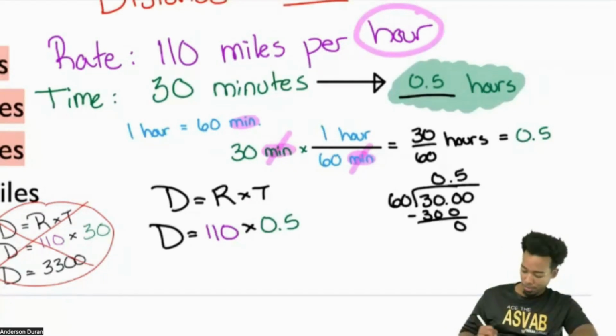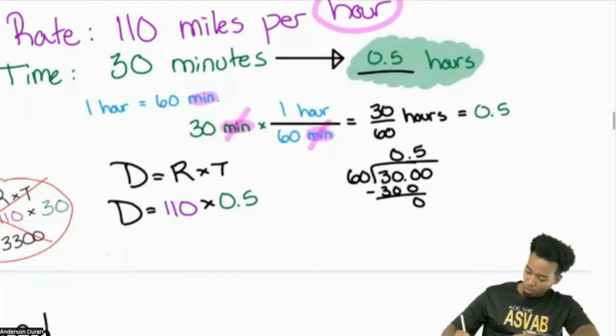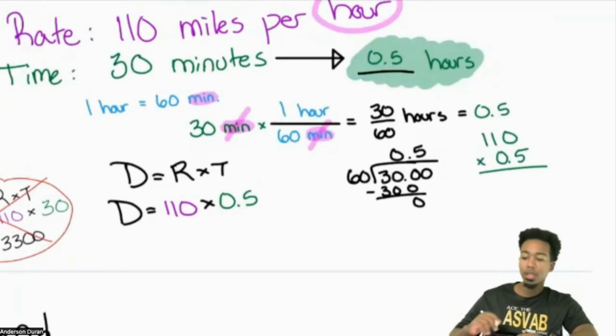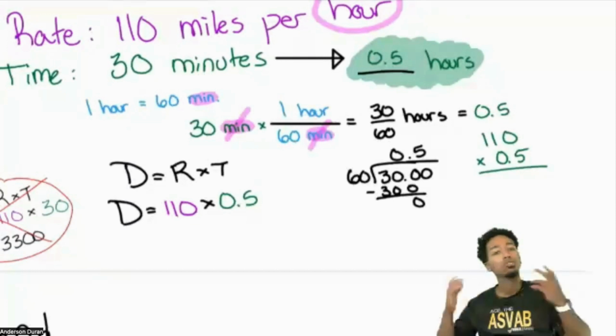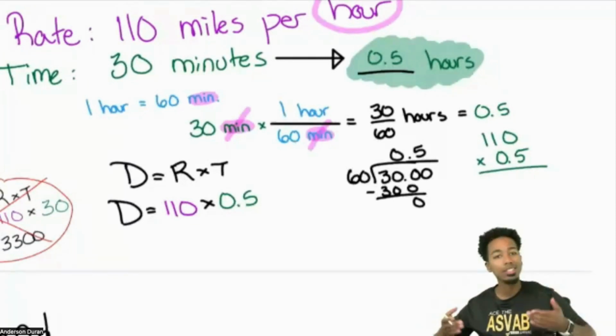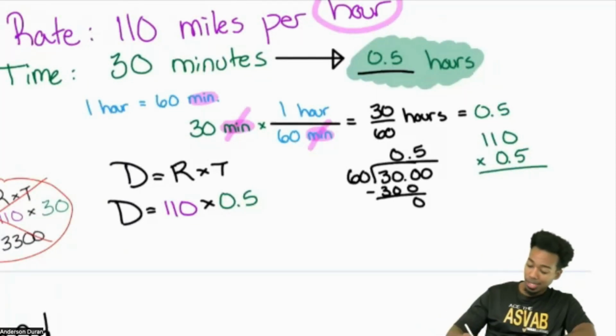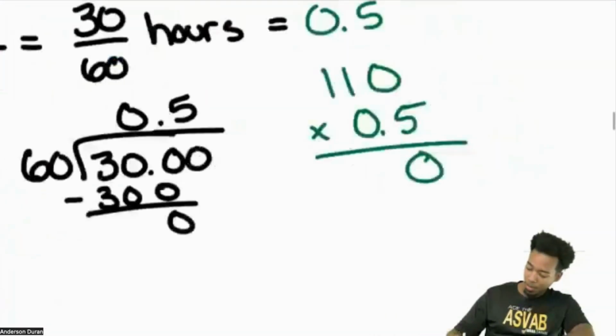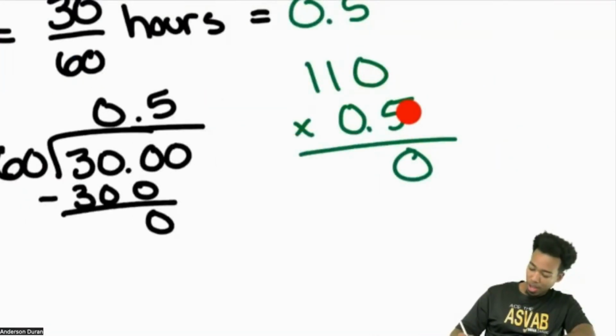And so with that, let's go ahead and do the math. 110 times 0.5. Remember that when you're multiplying by decimals, just multiply like normal and then bring the decimal back at the end. 0 times 5, that's going to be 0. Let me zoom in for everybody. So 0 times 5, that's 0. 1 times 5, that's going to be 5. Then over here, the last one, 1 times 5, that's going to be 5.